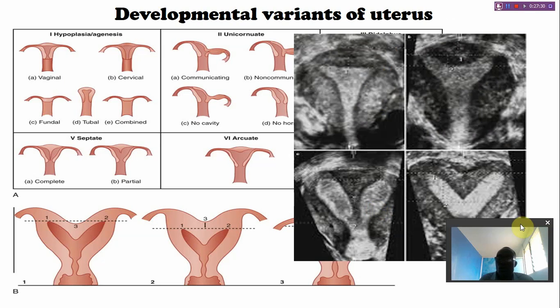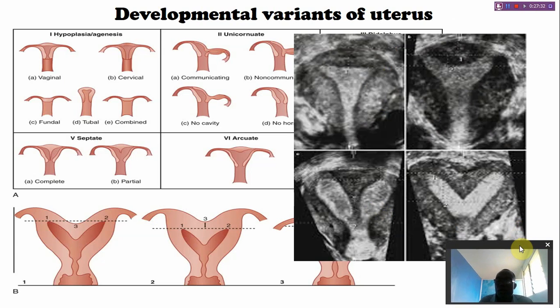Then let's also look at some developmental variants of the uterus. With this uterus, some can conceive and some cannot. Those who have a single left ovary, or maybe both ovaries with 2 cervixes, find it difficult to get pregnant.